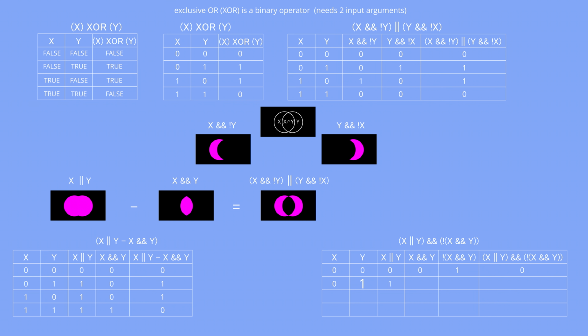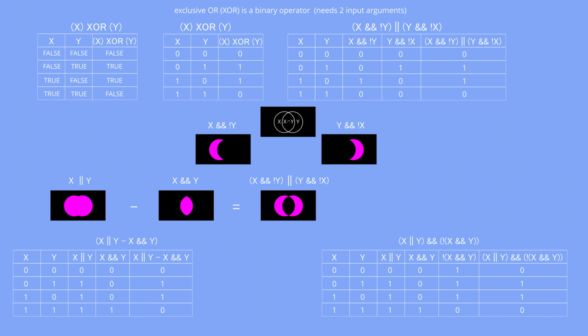Not false is true. True and true is true. True or false is true. True and false is false. True or true is true. Not true is false. True and false is false.